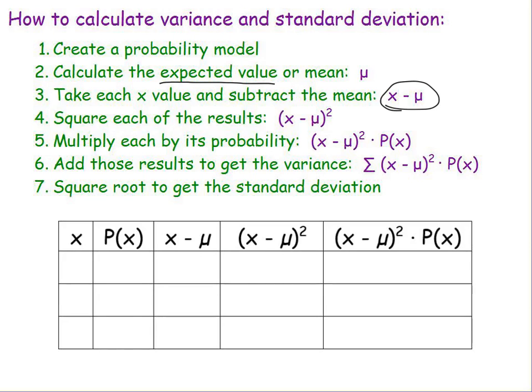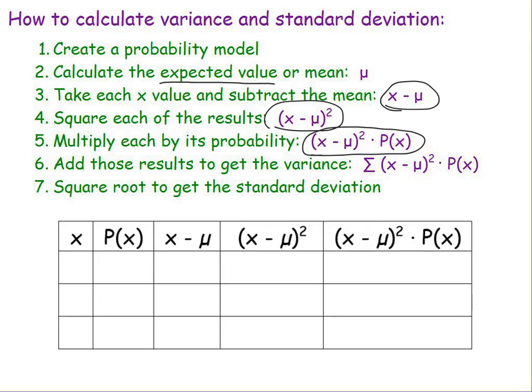Once you've subtracted, you're going to square each of the results. All that squaring does, if you remember, if we square a negative, we end up with a positive. Once you've squared, then you're going to multiply each one of those answers by its probability. That would be this.